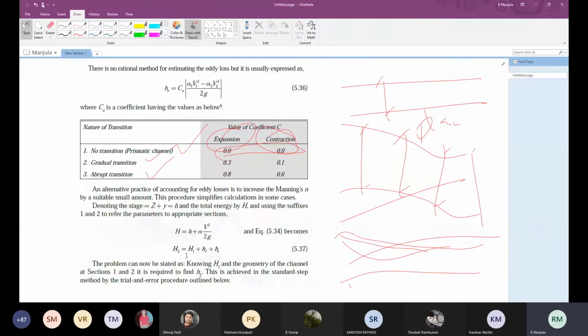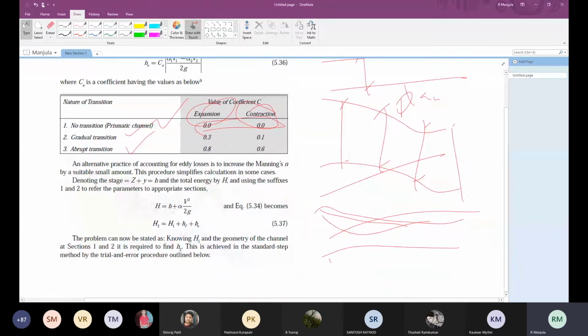Suppose I am taking two sections in the natural channel, let us assume this is section 1 and this is section 2. H2 is going to be H1 plus your losses, friction loss plus eddy loss. What is your H1 here?